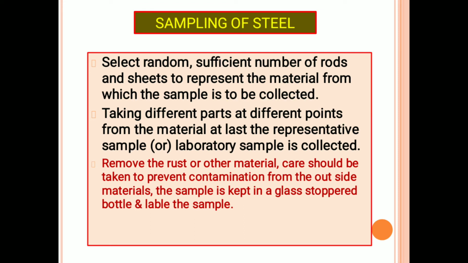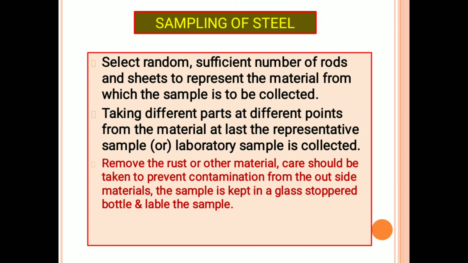After that, take different parts at different points, like if the sheet is like this, collect the samples from here, so that you can prepare the representative sample or laboratory sample.